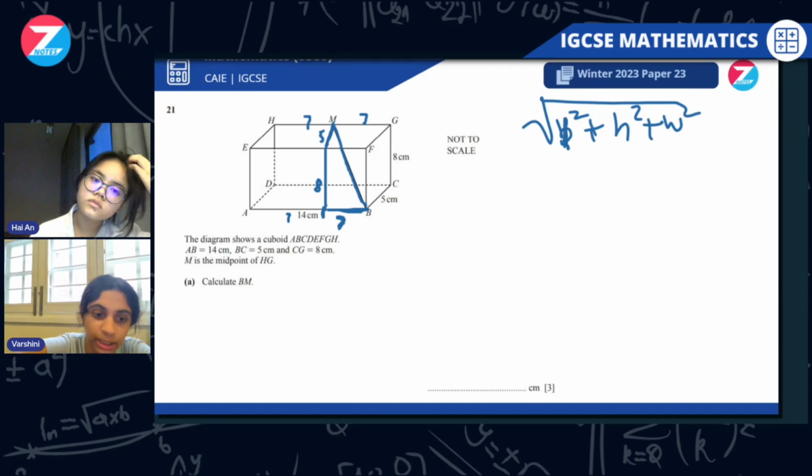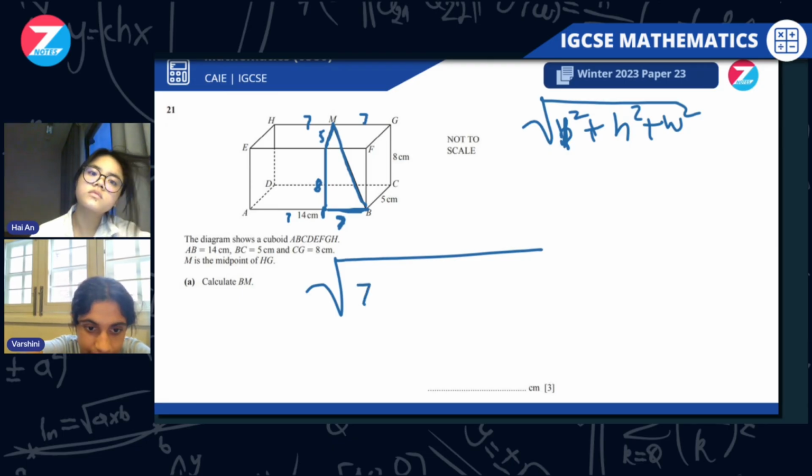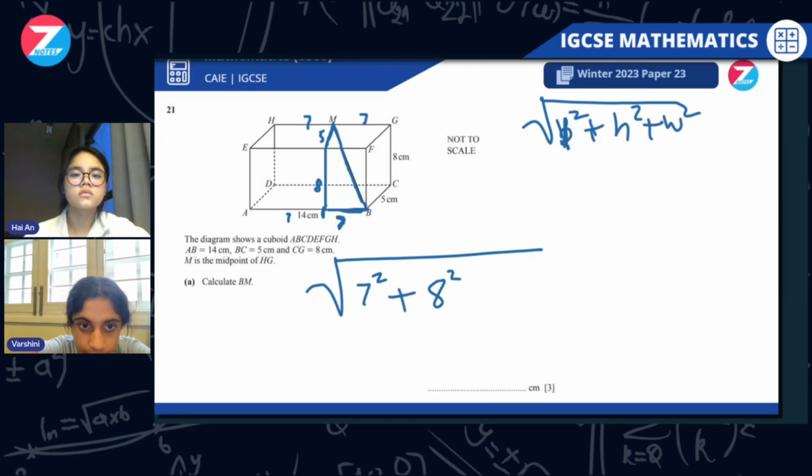That's a little confusing. So now let's just substitute in all our values. The length is 7 squared plus the height, which is 8 squared, plus the width, which is 5 squared. So if you put that into your calculator, you should get 11.74, which rounds off to 3 significant figures.